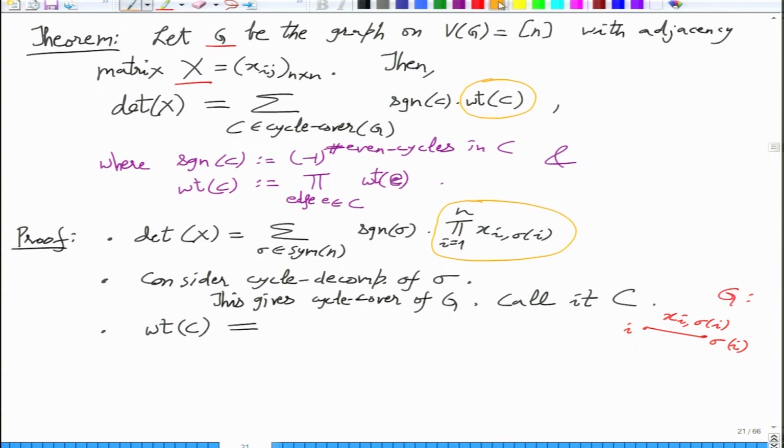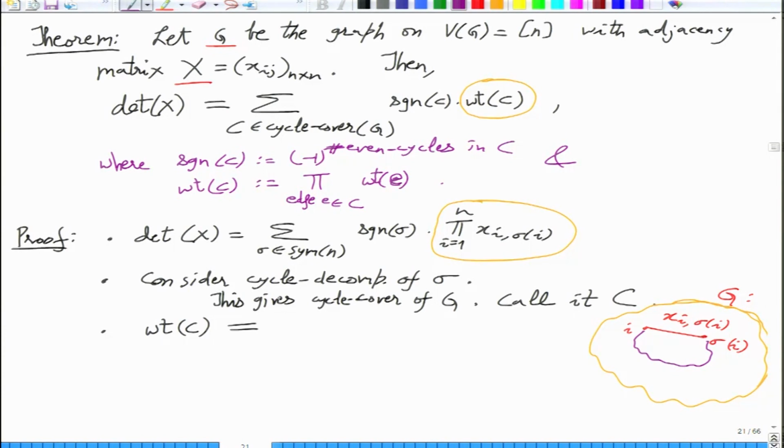So the graph is G, and inside this what is happening is, if sigma maps i to sigma(i), then the weight is this. So when you look at a cycle inside C, you can see that the weight of this cycle is exactly the product of these x_{i,sigma(i)} for i appearing in the cycle, and hence also across the other disjoint cycles.